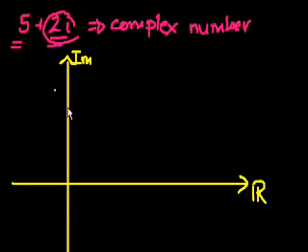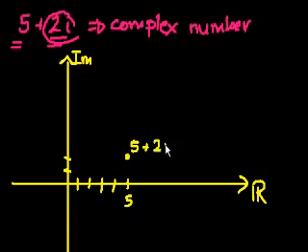And 5 plus 2i, well, its real part is 5, so 1, 2, 3, 4, 5, that's 5. And its imaginary part is 2i. So you go along the imaginary axis, or the i-axis, you could even say, 2. And then you would have this number here, called 5 plus 2i. In future videos, I'll do examples where we'll make more use of complex numbers.